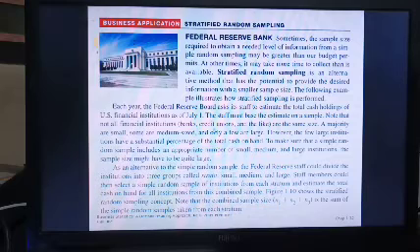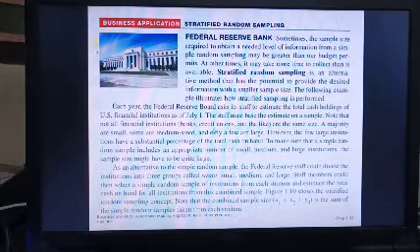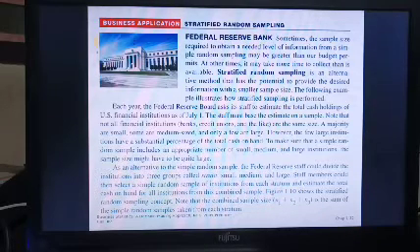Now here is a business application for stratified random sampling. The Federal Reserve Bank, this is the central bank in the USA. Sometimes the sample size required to obtain a needed level of information from a simple random sample may be greater than our budget permits.